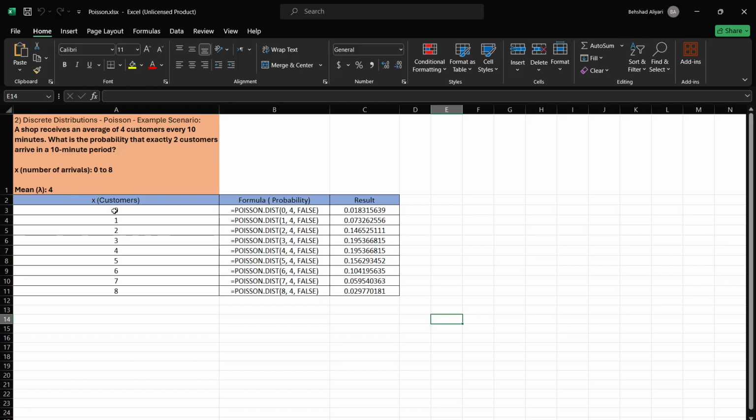So we have 0 to 8 customers, and we need to calculate the result of this question. We can use this formula, such as POISSON.DIST, and we can calculate the result inside of this cell.